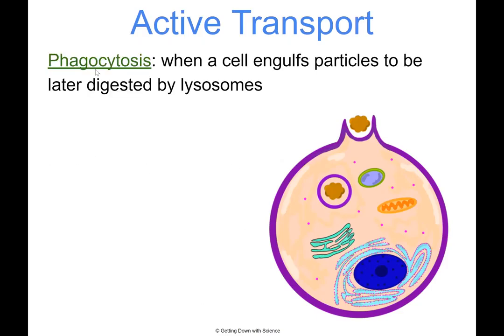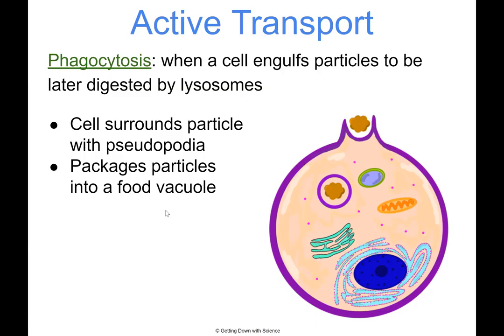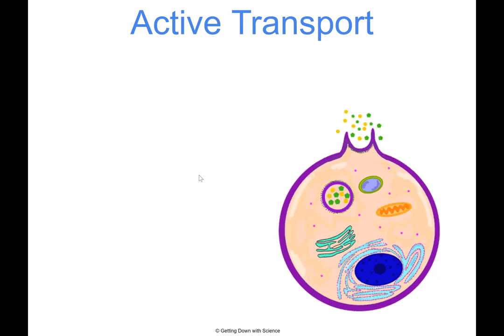Okay, so in phagocytosis, the cell's engulfing a particle that's going to get taken in. You'll notice it's been taken in as a vesicle, and then it will be digested by lysosomes so we can use the parts. Okay, so we're going to package it and fuse it in with the lysosome, and then we can digest it and use the materials.